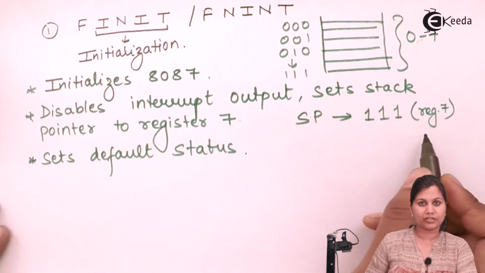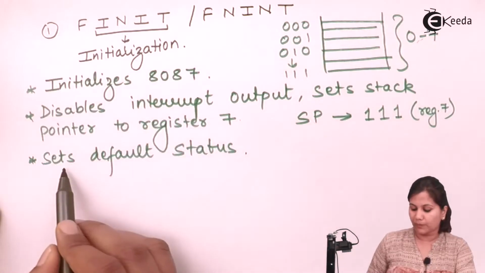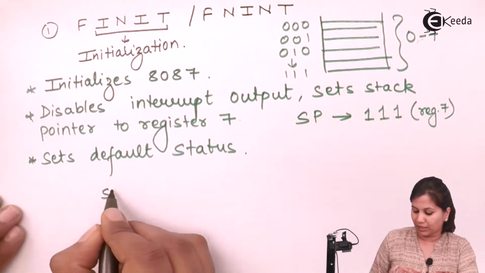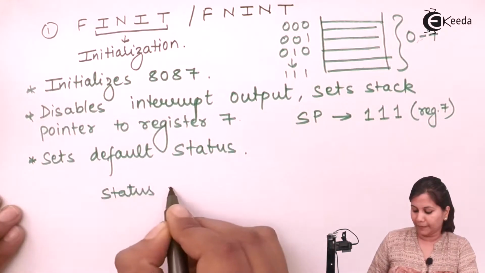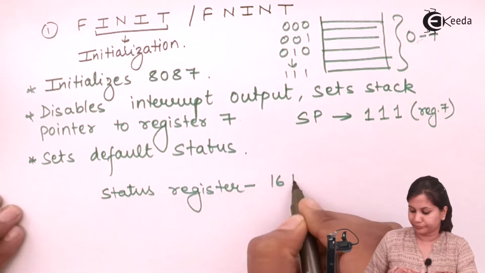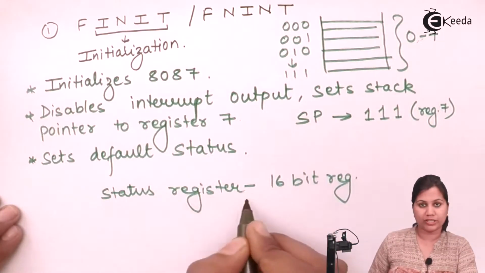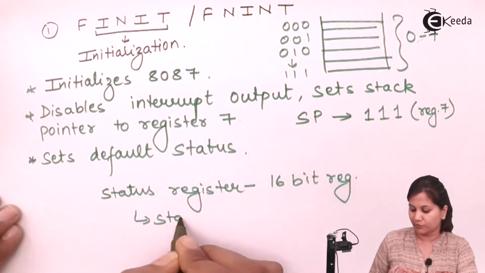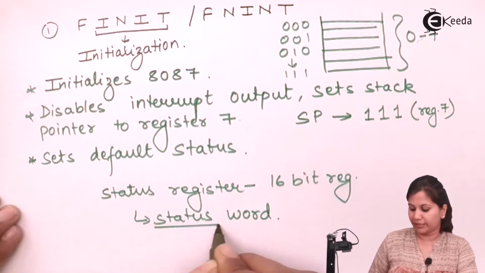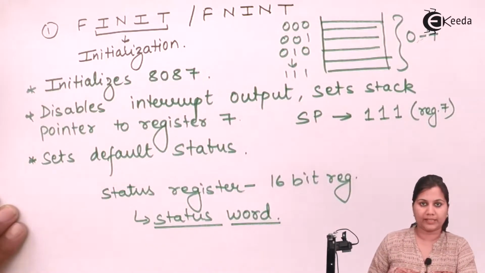Stack pointer is initialized to this value, and then this instruction also sets the default status. In 8087, we have the status register, which is a 16-bit register. The contents of the 16-bit status register are called the status word, and this status word defines the current status of the 8087.